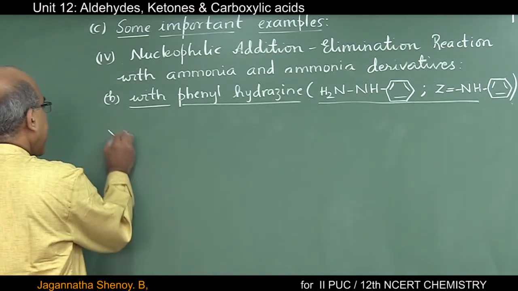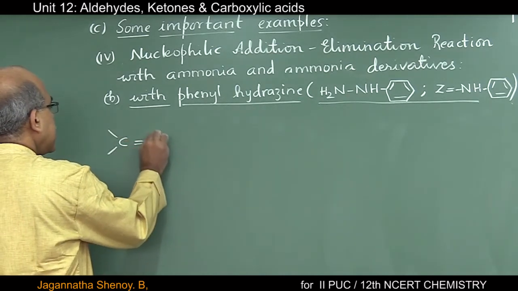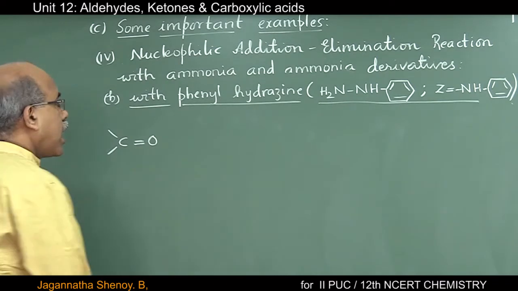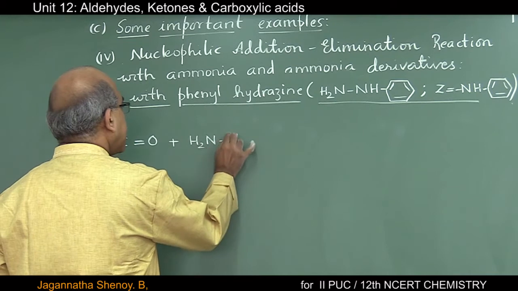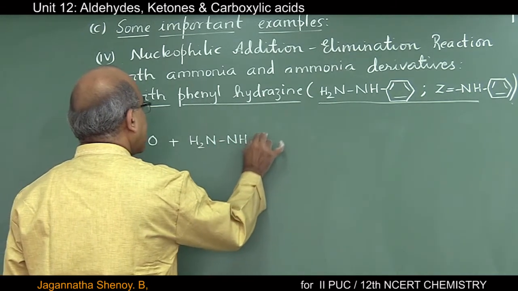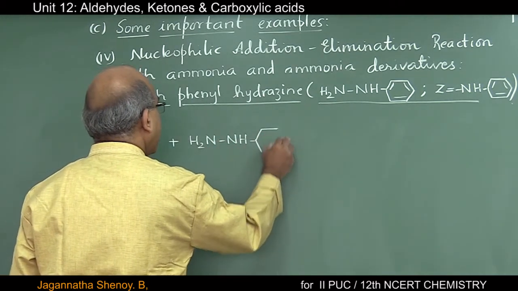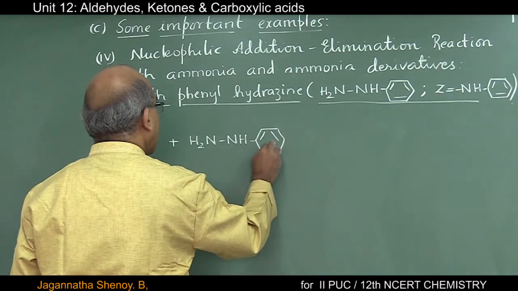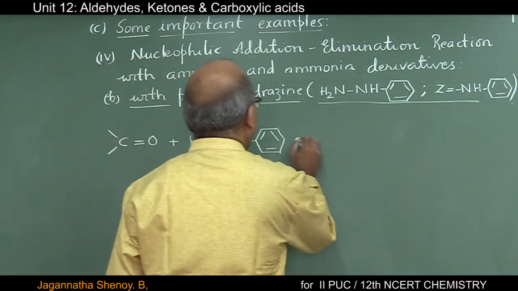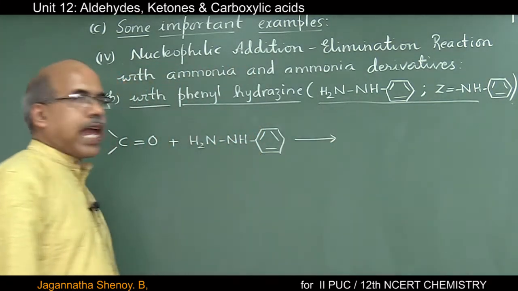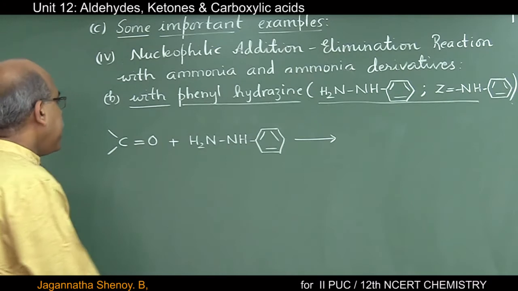The equation can be written as we have written in the previous case. Carbonyl compound, we write it with NH2 NH with a phenyl group, right? And the reaction is carried out in weakly acidic medium.